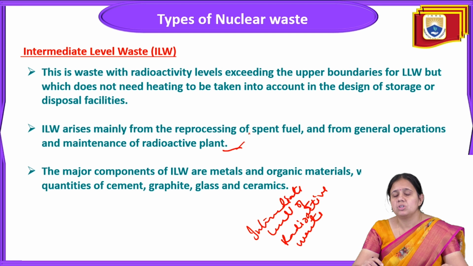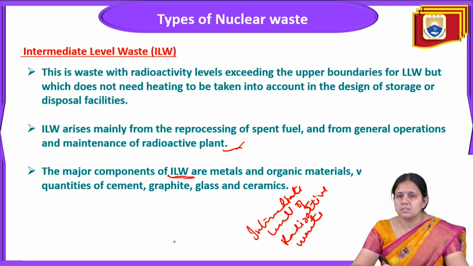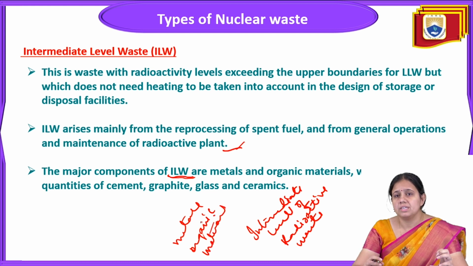The major components of intermediate level waste are metals and organic material, with smaller quantities of cement, graphite, glass, and ceramics. So this is the description of intermediate level waste.